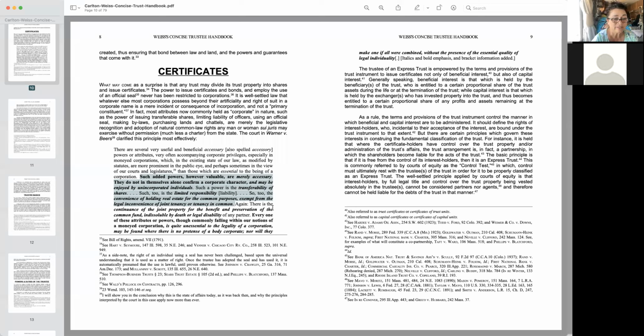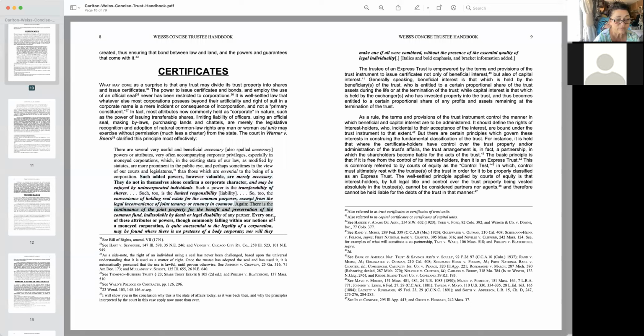Again, there is the continuance of the joint property for the benefit and preservation of the common fund, indissoluble by death or legal disability of any partner.